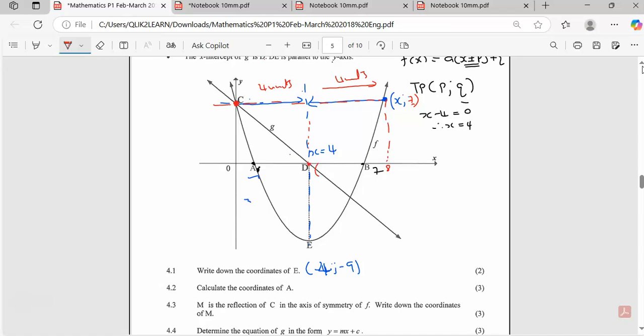We know the x of D is 4 and the y is 0 because this is the x-intercept of G. C is 0 and 7. We can use this information to calculate the gradient, then substitute one of these points to find the value of c.